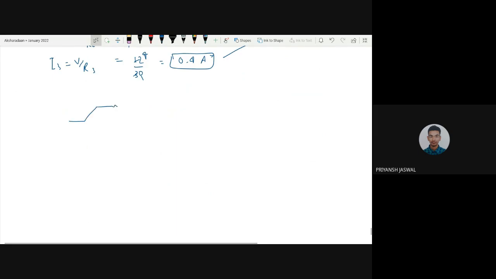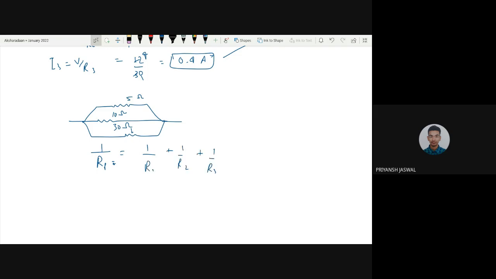Since it is a parallel combination and the values are 5 ohm, 10 ohm and 30 ohm, the net resistance we know will be such that the reciprocal is the sum of reciprocals of all individual resistances. So 1 by Rp equals 1 by 5 plus 1 by 10 plus 1 by 30.